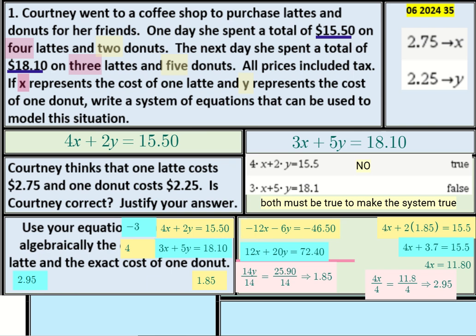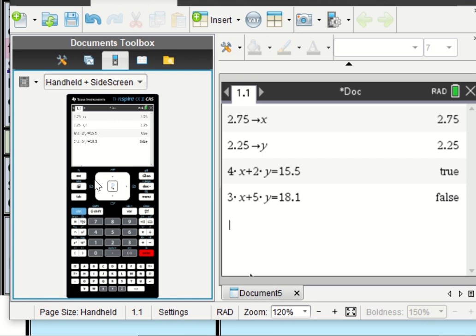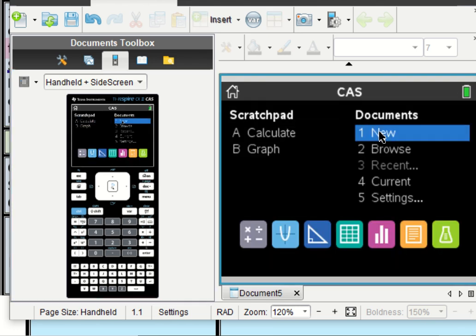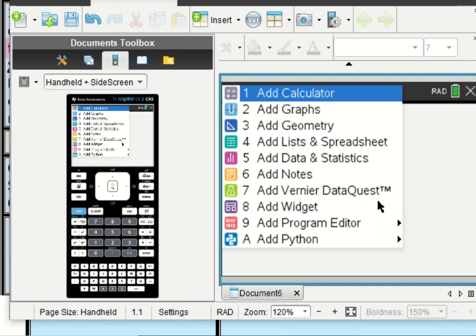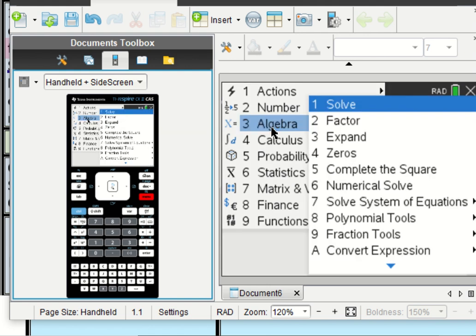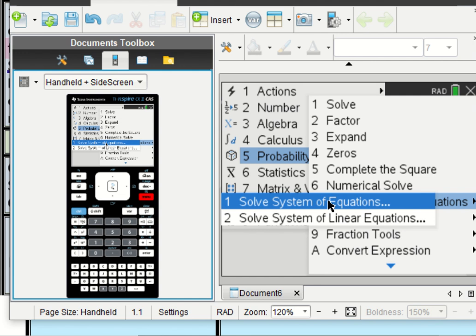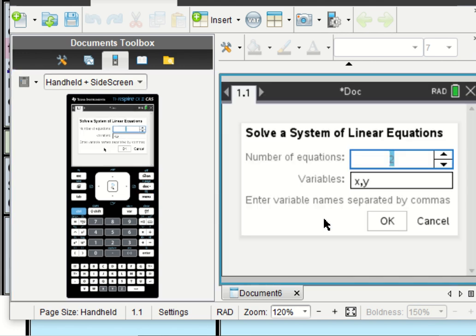I will take a moment and show you how to get at least 5. Let's go back to our graphing calculator. Now, if we did everything else to write our system of equations, but we struggle with the algebra, add a calculator and do menu 3, solve systems of linear equations.